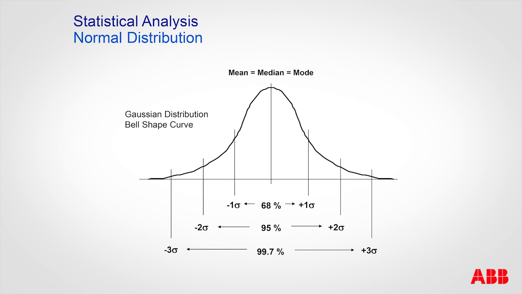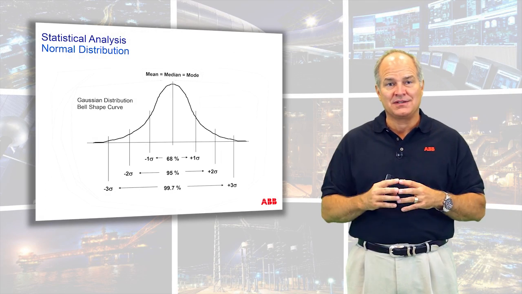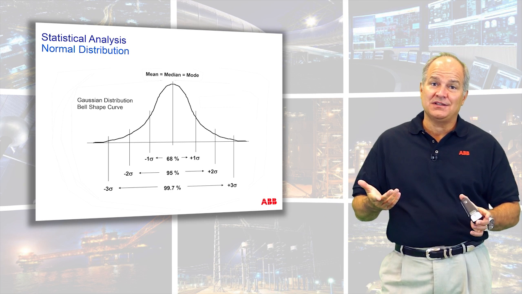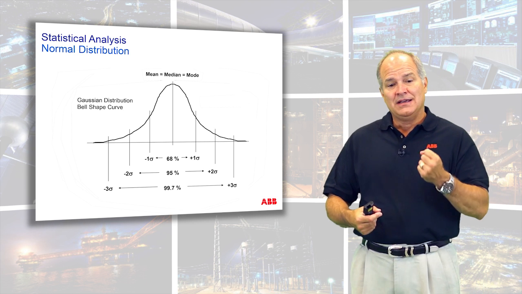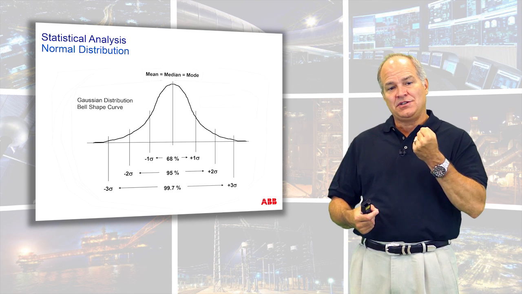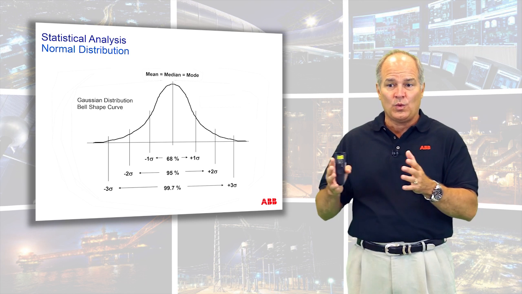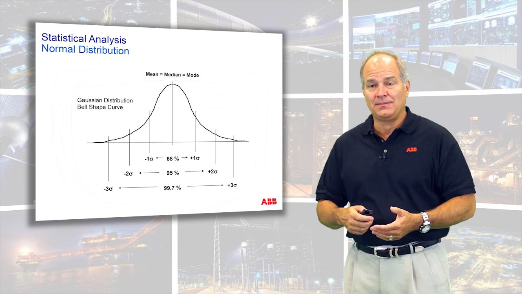The nice thing about sigma, or standard deviation, is it defines statistical properties that have to do with normalcy. And I'm going to explain that here in just a minute. But you may have heard of a Gaussian distribution, or a bell-shaped curve, or a normal distribution. The standard deviation is a number that actually quantifies where the data will be found from a probability perspective.